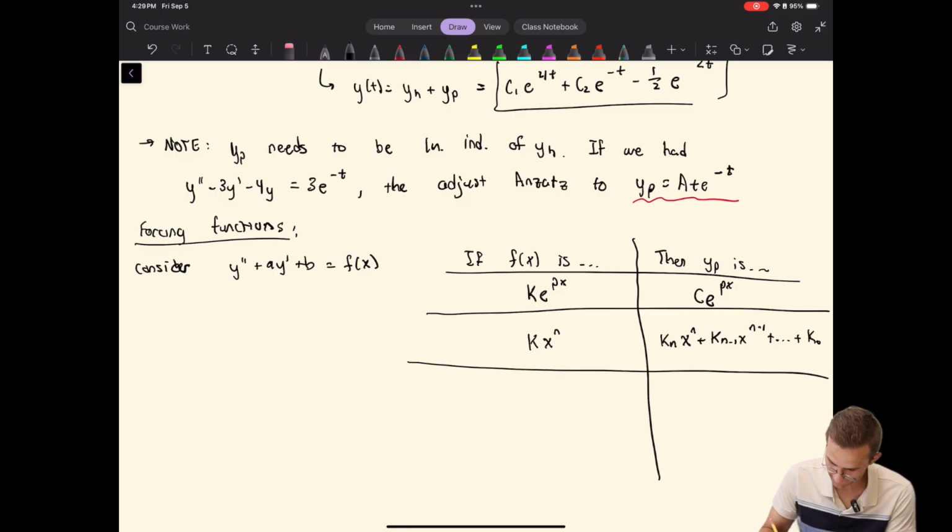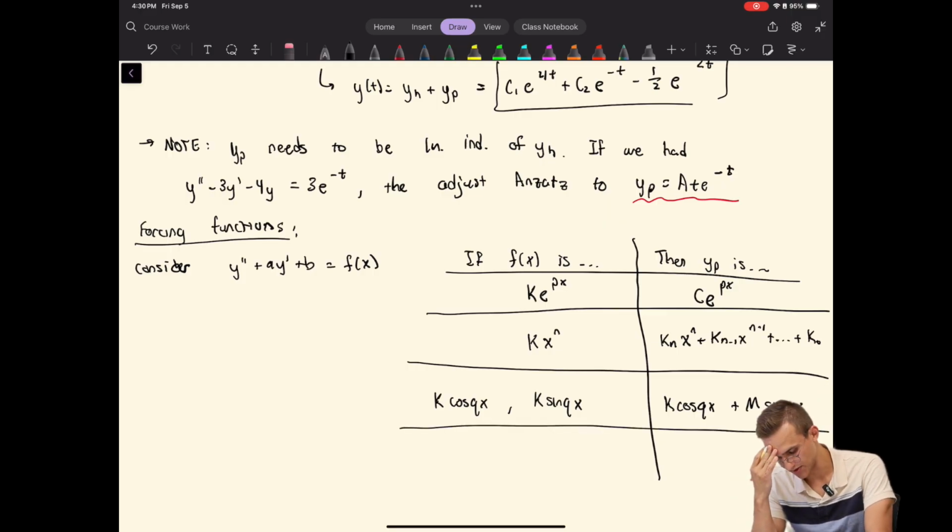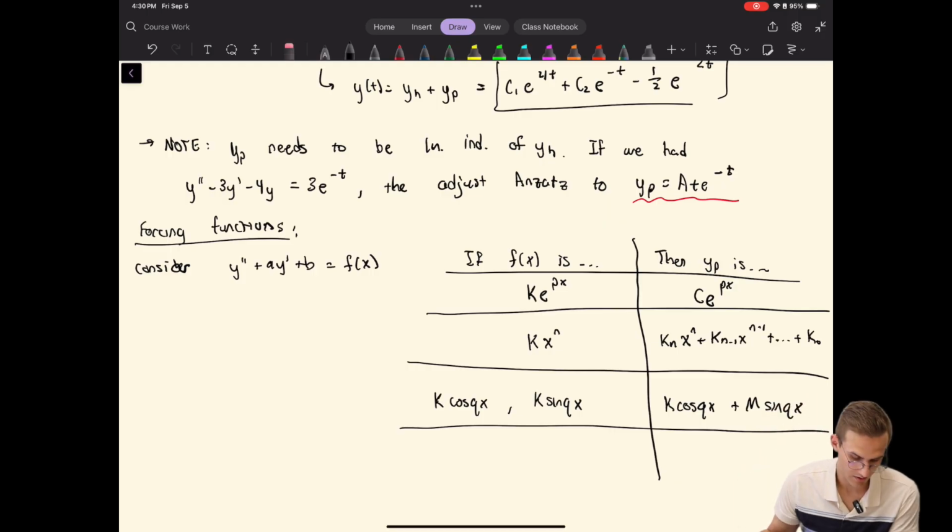And if it's a trigonometric function of either type, then you need to have your yp be the sum of both. It needs to be k cosine of qx plus m sine of qx, for every frequency that appears, a frequency being that constant q that appears in f of x. Both are important.